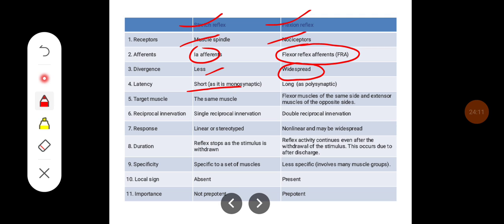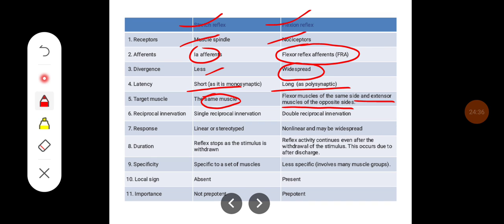Latency is short for the stretch reflex and long for the flexion reflex, as it is polysynaptic. The target muscle is the same muscle which has been stretched in the stretch reflex. In the flexion reflex, it is the flexor muscles of the same side and the extensor muscles of the opposite side.